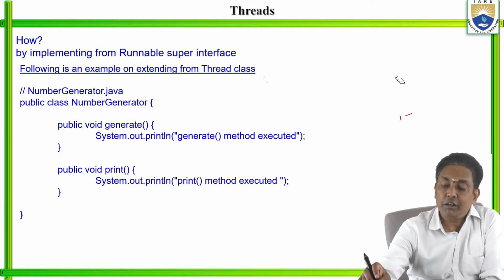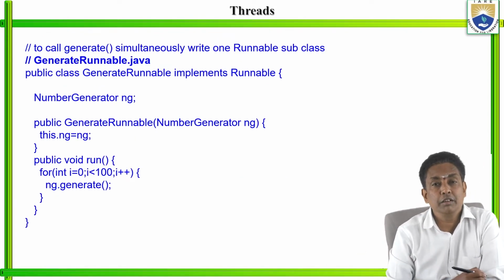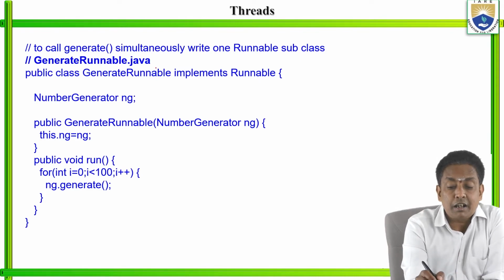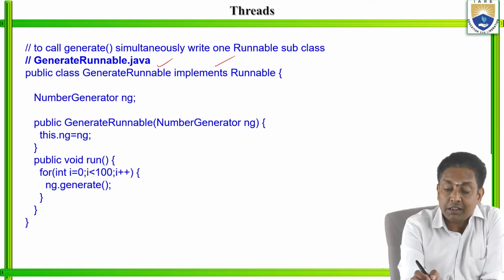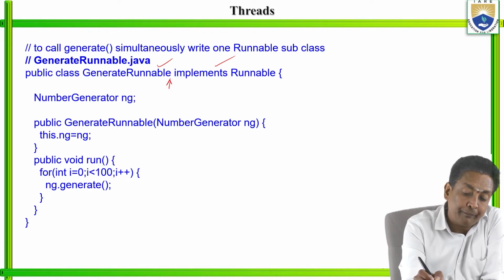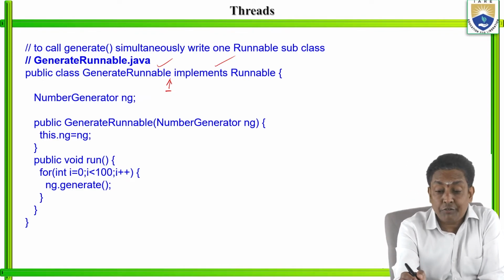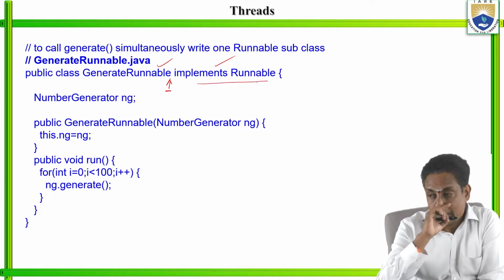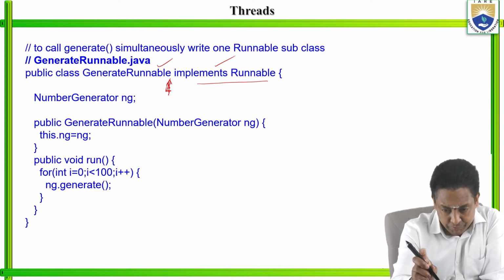In the client, we need to do some small minor changes. See here, public class GenerateRunnable implements Runnable. And still this class has a chance of extending from one more class. Even after implementing threads, this class still has a chance of inheriting from one more superclass.